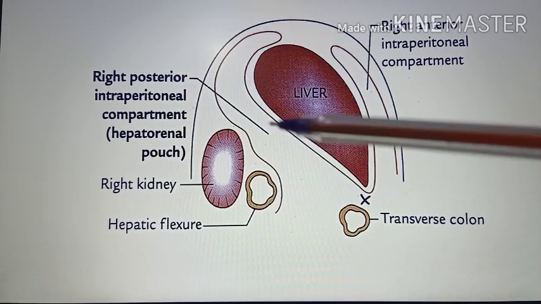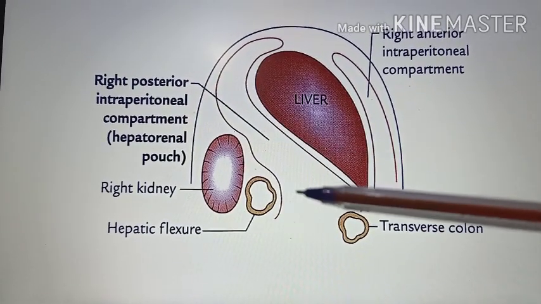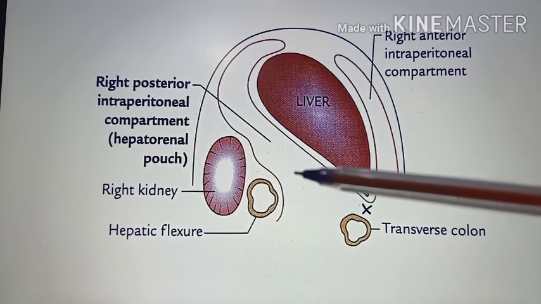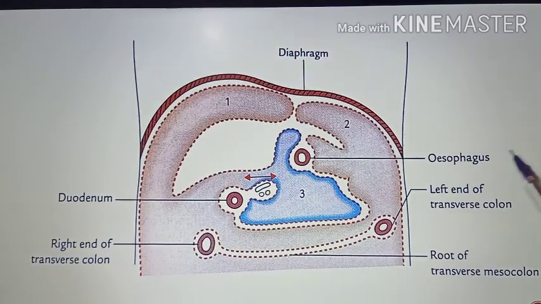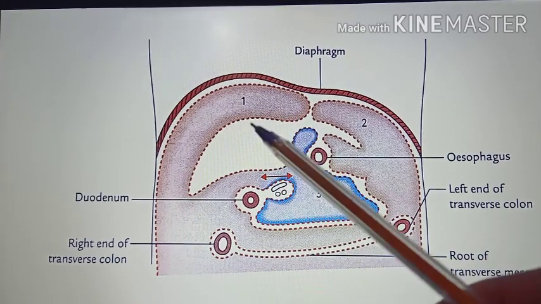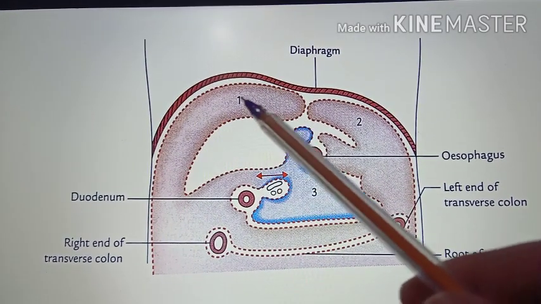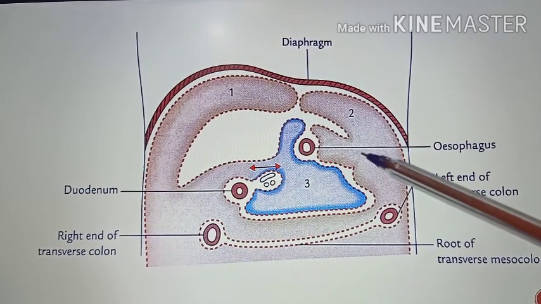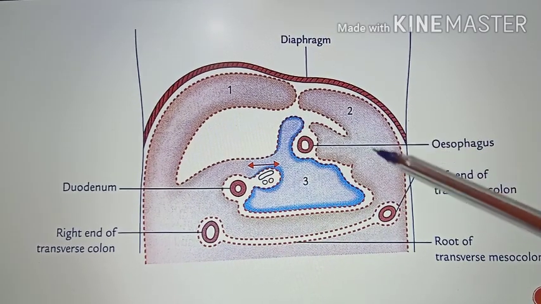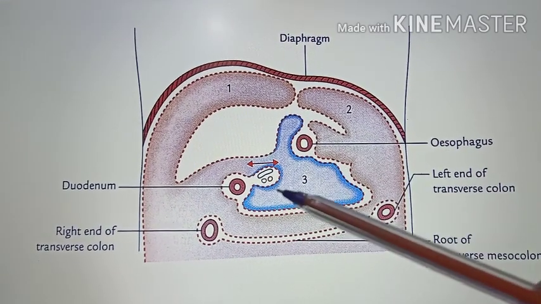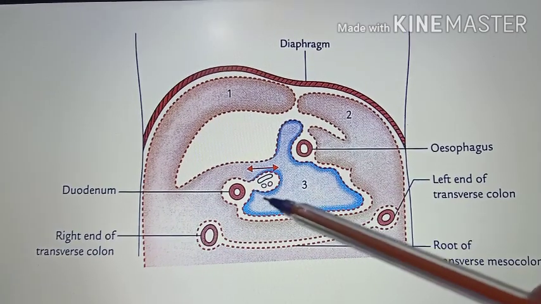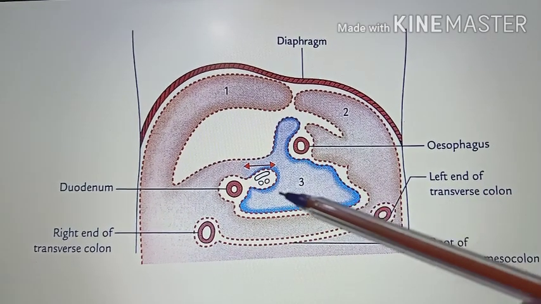This entire space is called Morison's pouch. In this picture you can see the right anterior intraperitoneal recess, the left anterior intraperitoneal recess, and the left posterior intraperitoneal recess, which is called the lesser sac.